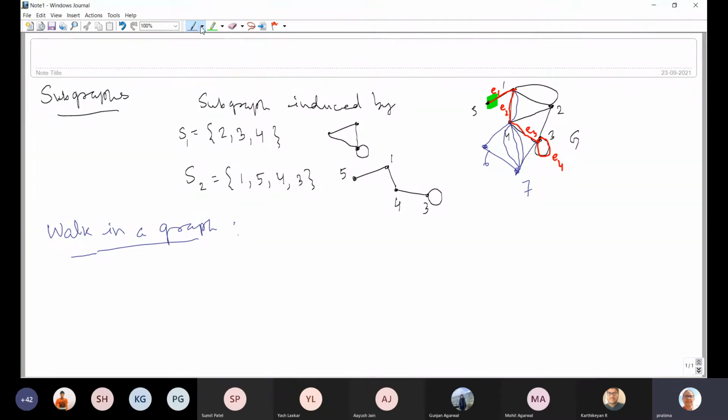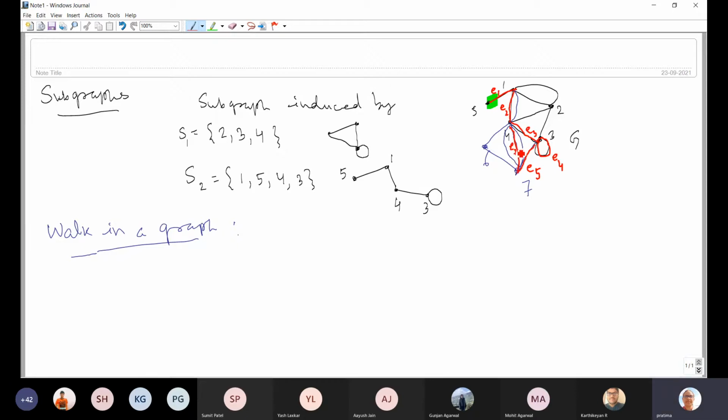In this case, after E4 I take this edge, say E5, and again I go along this edge, say E6.